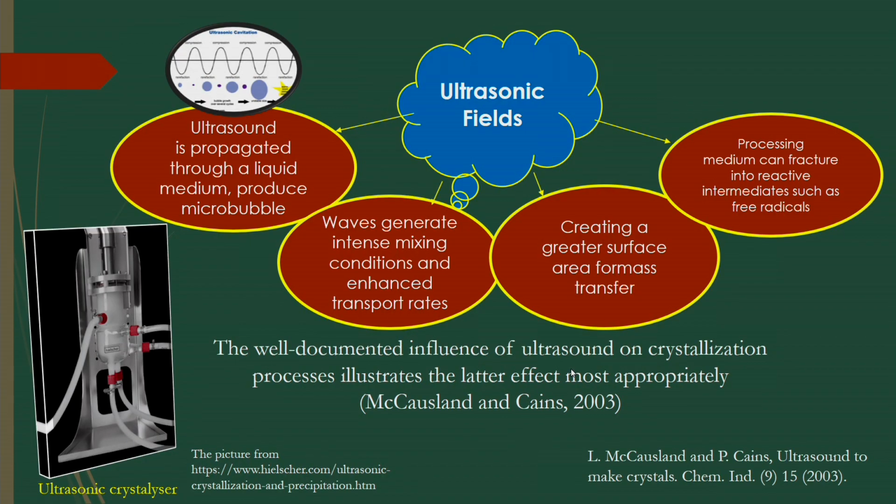There are several other methods also available, like the Venturi and even high pressure gyration systems, to produce micron size bubbles. Here the ultrasonic field is also important, but high energy is consumed for the generation of micro bubbles. The waves also generate intense mixing conditions and enhance the transport rates.